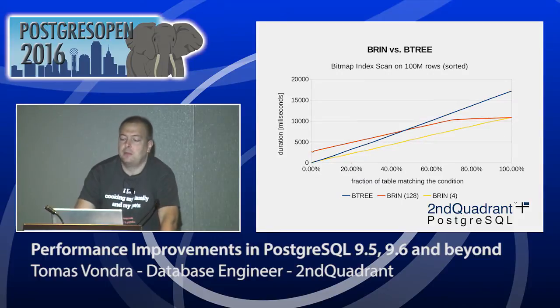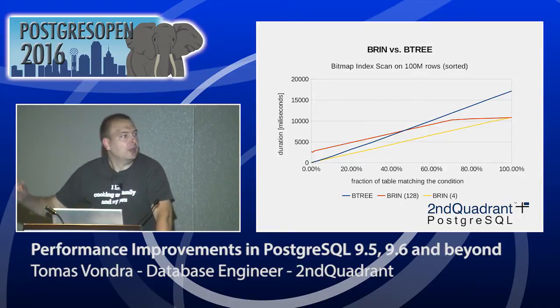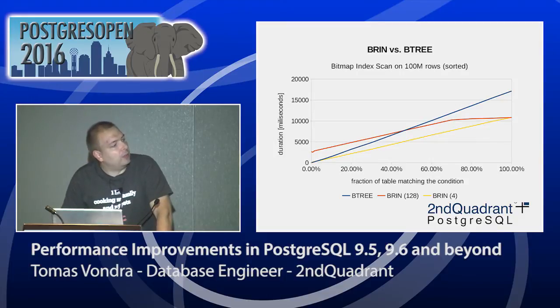And this is a comparison of these plans, where the blue line is a sequential scan, right? You simply scan the table. The other blue line is a B-tree, which is kind of linear, right?